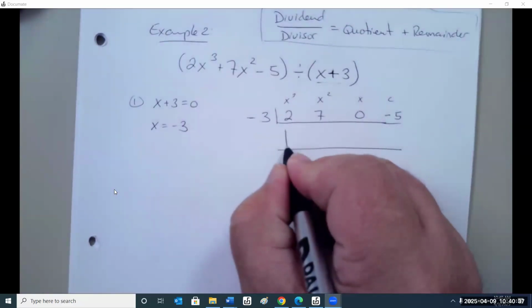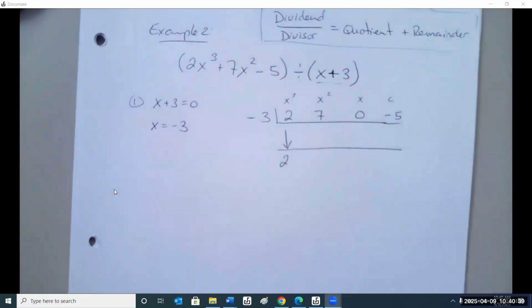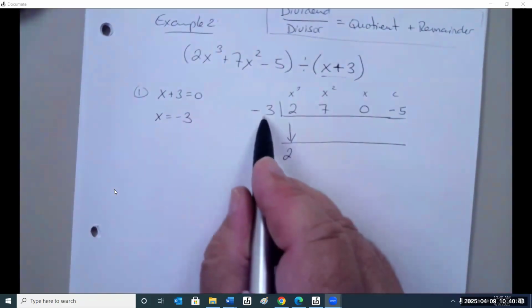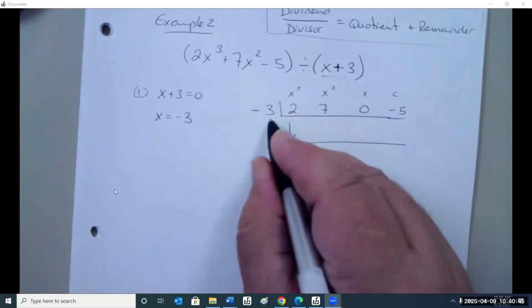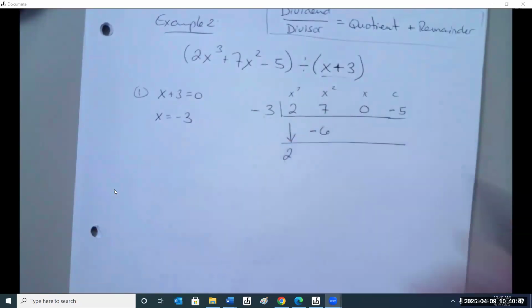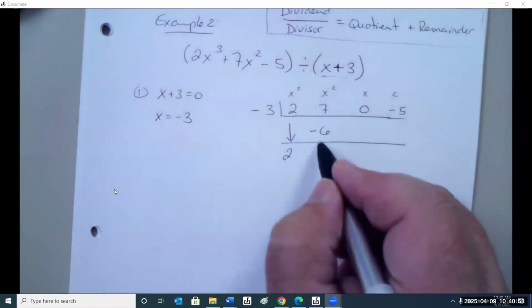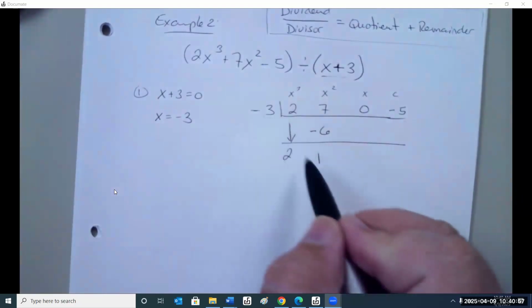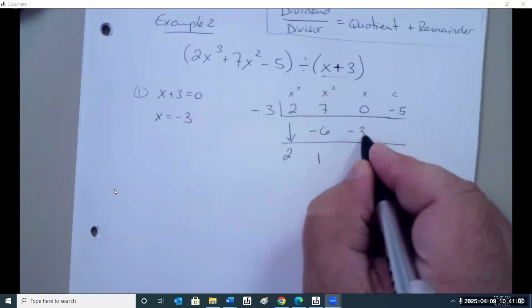First step, bring down the first term. Negative 3 times 2 is negative 6. Add straight down. 7 minus 6 is 1. Negative 3 times 1 is negative 3.